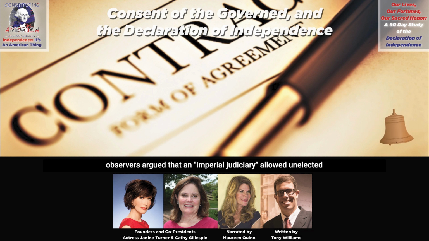Many observers argued that an imperial judiciary allowed unelected judges to substitute their personal views for the will of the people. Today, many are concerned that big tech elites and their political allies attempt to control and limit popular will. The debate has continued and will endure because of the central importance of the constitutional principle of consent in the American regime and national character.